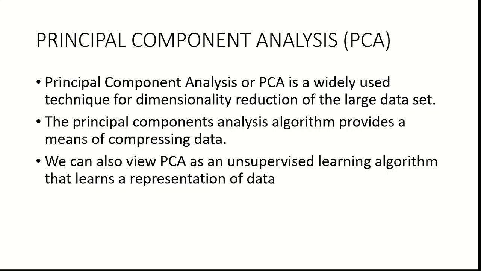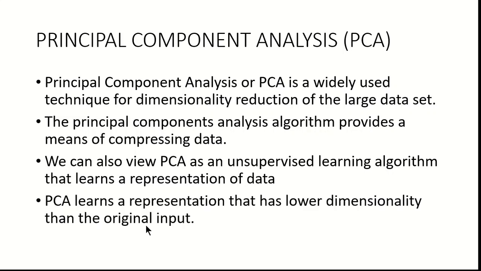That is the importance of this technique, where the effect of those 200 columns should be reflected in the remaining 800 columns. PCA learns a representation that has a lower dimensionality than the original input. Original dimensionality was 1000 and we reduce it to 800, for example.